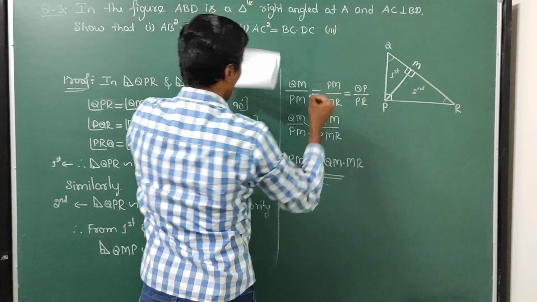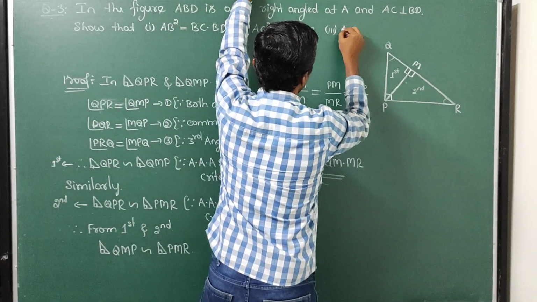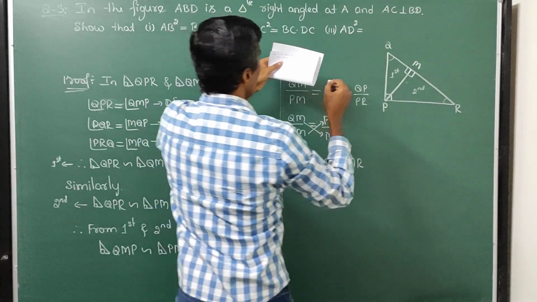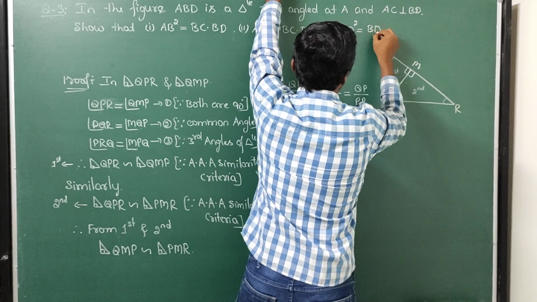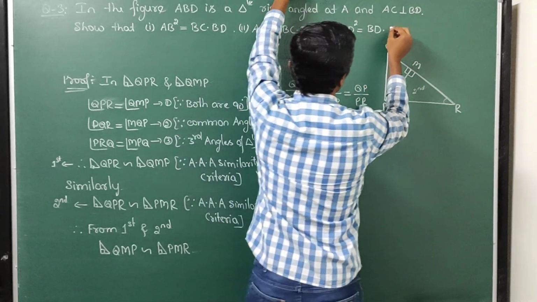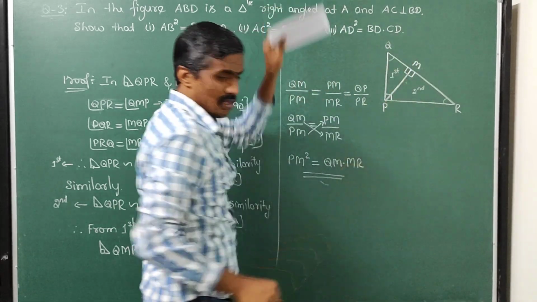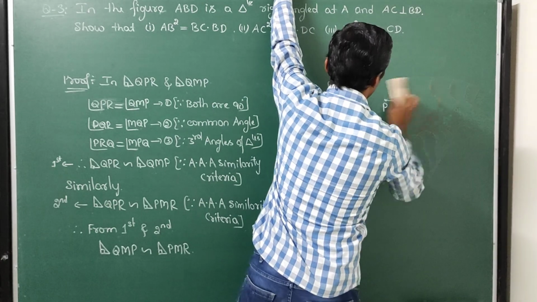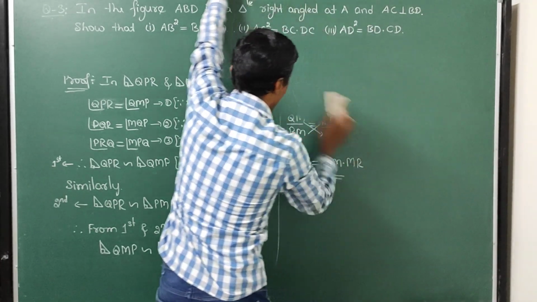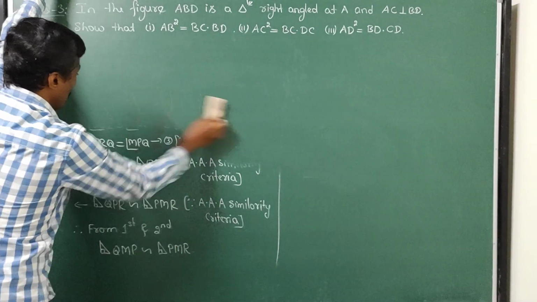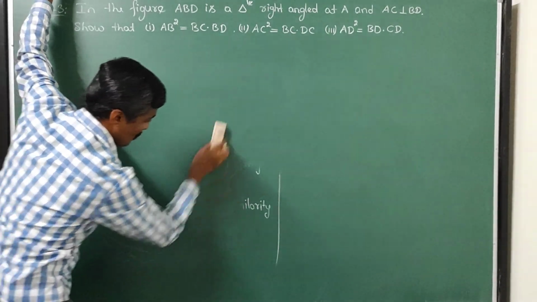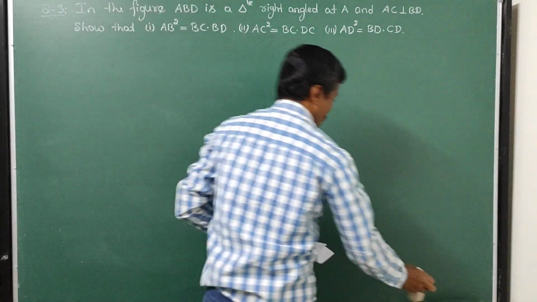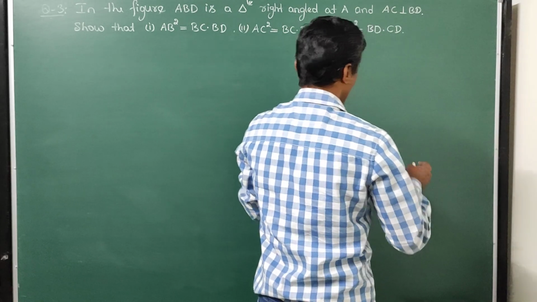And the last point, the third point, is AD square is equal to BD into CD. So let me draw the figure. The figure is given in the textbook. The figure is like this.